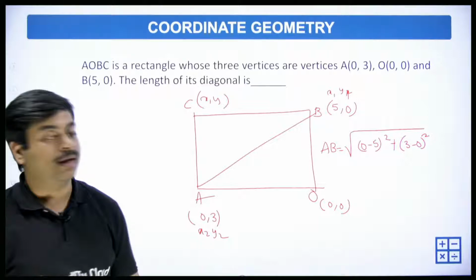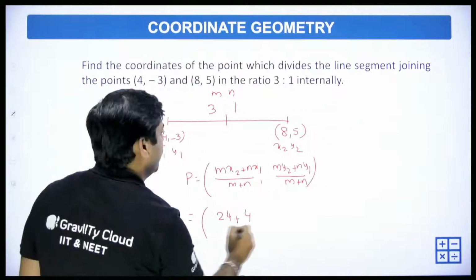So what is mx2? 3 into 8 is 24, plus nx1, 1 into 4 is 4, by m plus n, 3 plus 1 is 4. my2, 3 times 5 is 15, plus ny1, 1 into minus 3 is minus 3, by m plus n, 3 plus 1 is 4.